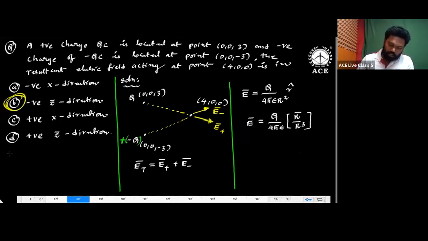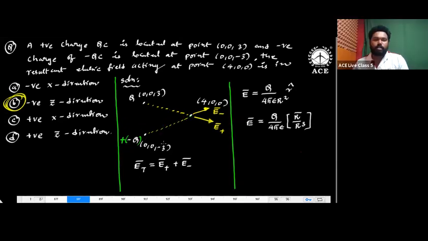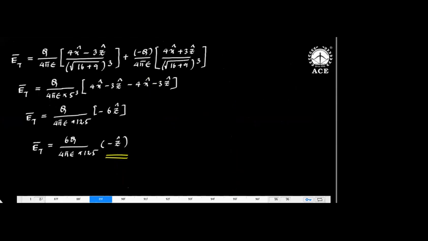If you already consider the direction, then you have to discard the negative sign. Here I have treated this as a positive charge, so consider the negative sign here. Okay, sir.